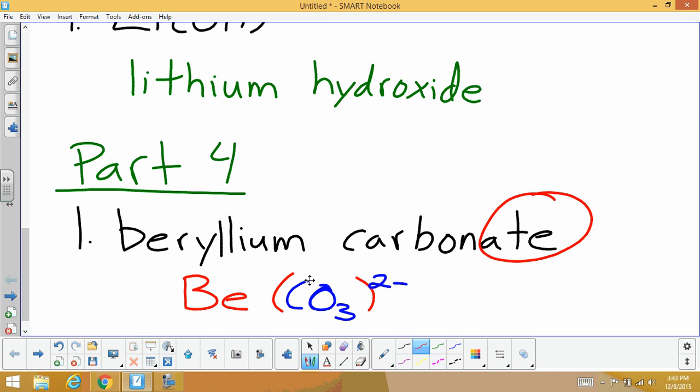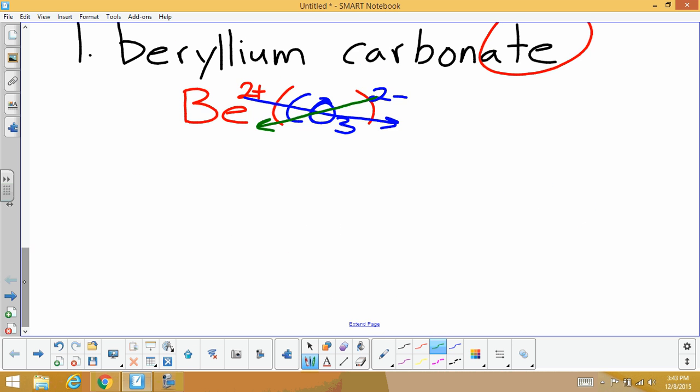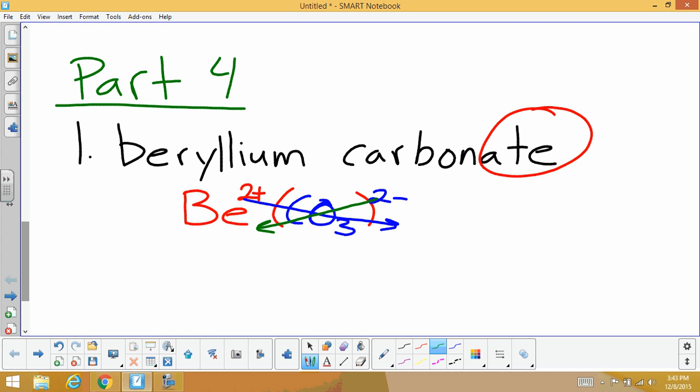So we look at the charges for beryllium. We look it up, and we find that it has a 2+ charge. So now we have the symbols. We've got the charges, and now we cross them. Make sure we go on the outside of the parentheses and we drop those pluses and minuses. So it becomes Be2 parentheses CO3.